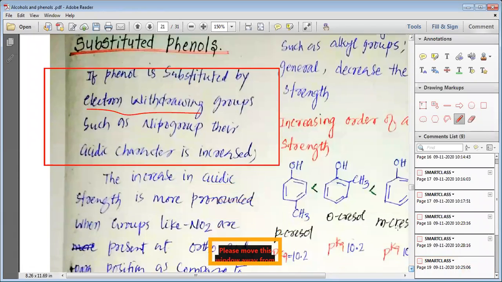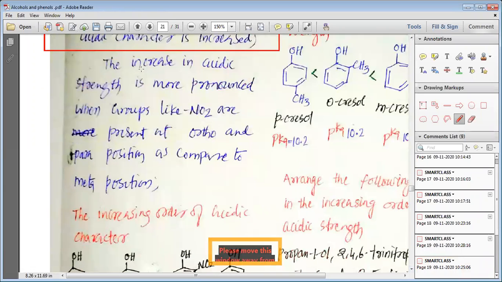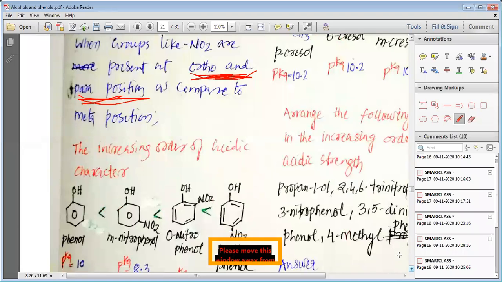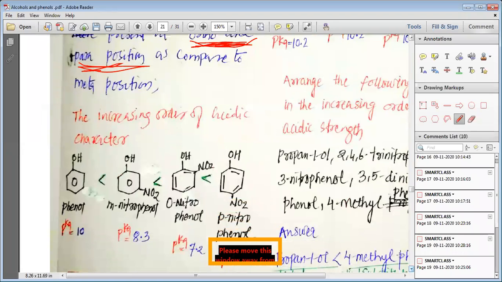The increase in acidic strength is more pronounced when a group like nitro group is present at ortho and para positions. So an electron withdrawing group present in ortho and para positions increases the acidic character much more. But if the group is present on the meta position, it does not increase the acidic character much.